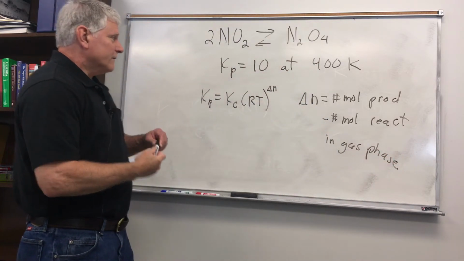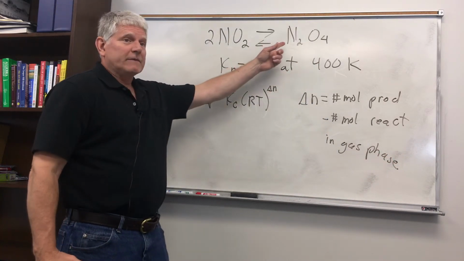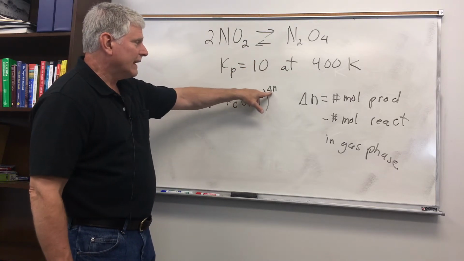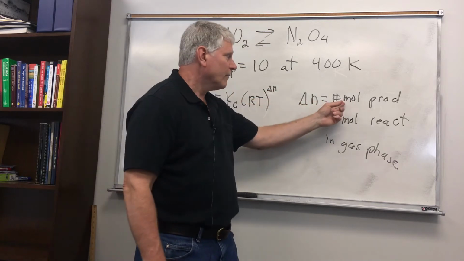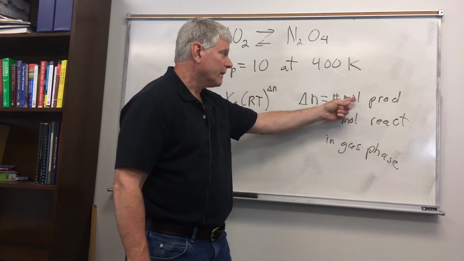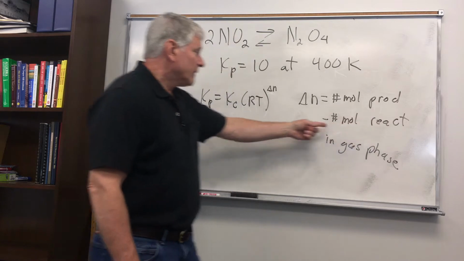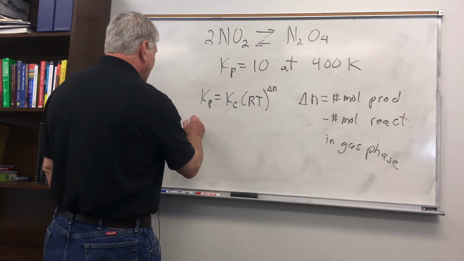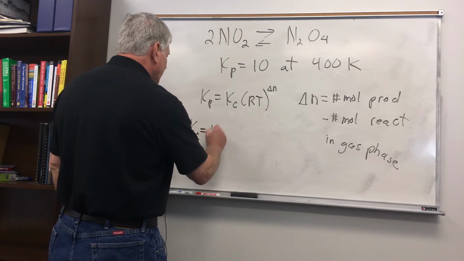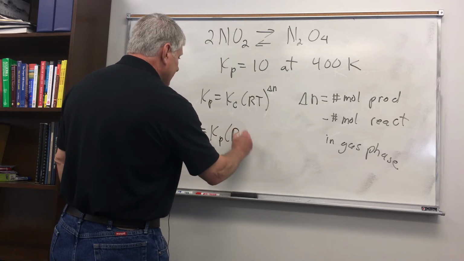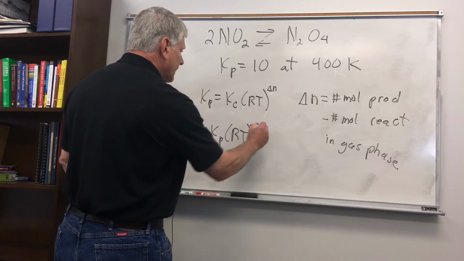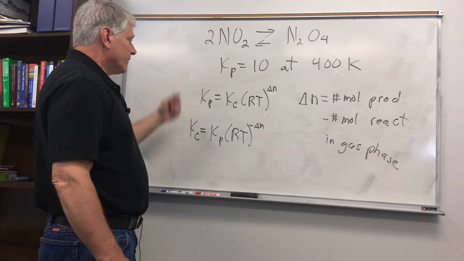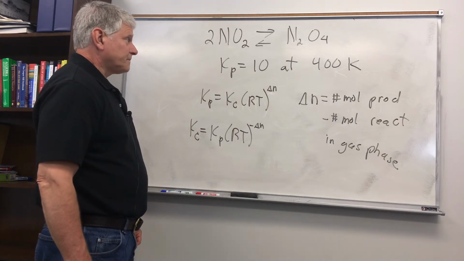So I had it written as B minus A, but for the balanced equation, it's the number of moles of product minus reactant. So I'm going to write it as delta n, where delta n is the number of moles of gaseous products minus the number of moles of gaseous reactants. And so if I want to solve for Kc, it would be Kp times RT to the negative delta n, because I'm taking RT to the delta n over to the left side of the equation.